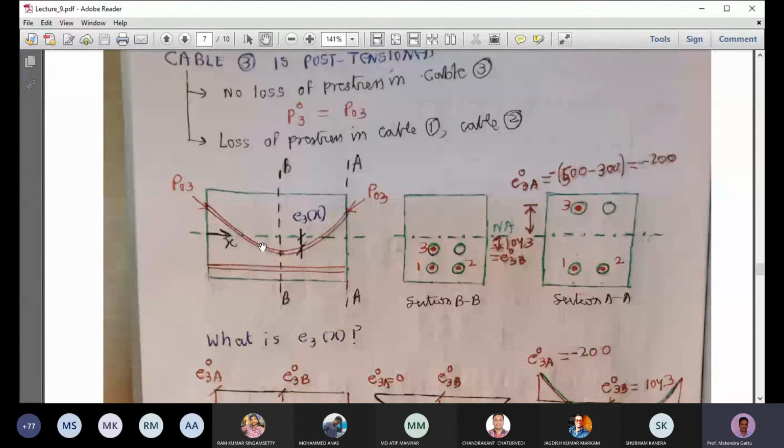So when this cable is lying below the neutral axis, at the level of the concrete, at the level of cable 1 and cable 2, this pre-stressing force will produce a compressive force. And when the cable passes through the neutral axis and goes above it, the pre-stressing force will produce a tensile force in the concrete at level 1 and level 2.